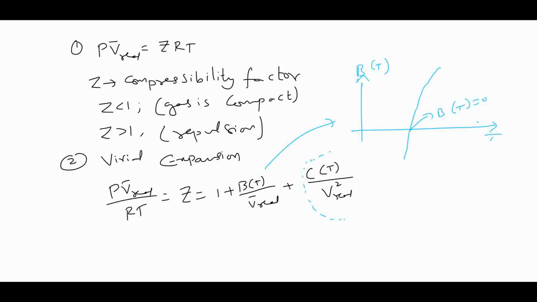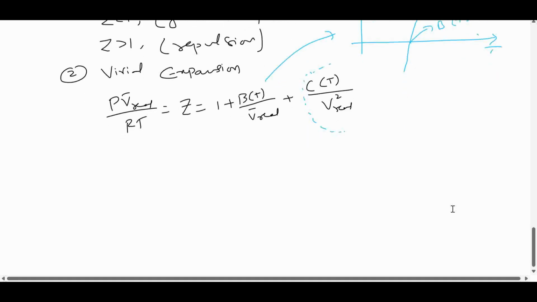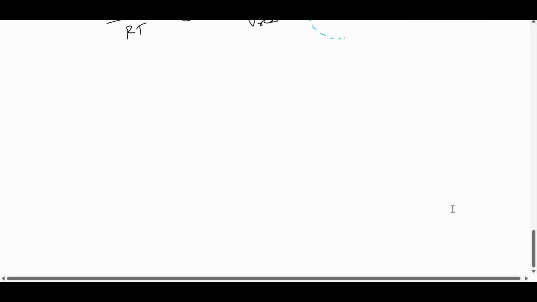Now the third equation is the van der Waals equation, and it's closer to the actual behavior of real gas. This is more important because it relies on two parameters, unlike the previous ones. So what are the two parameters?